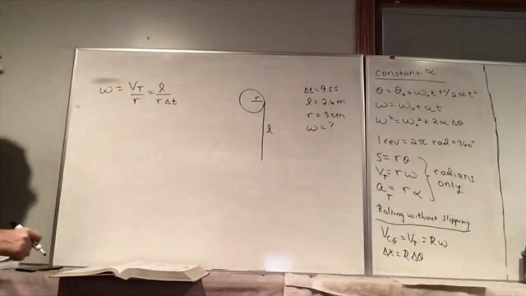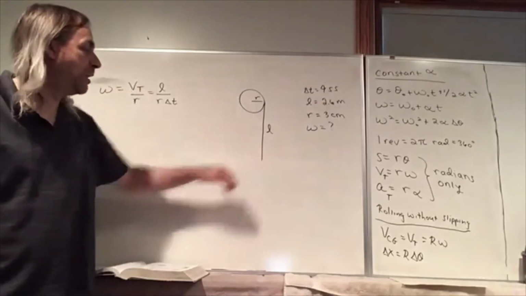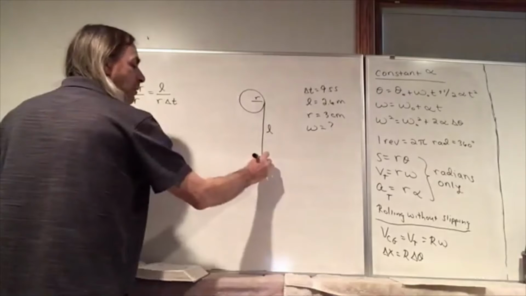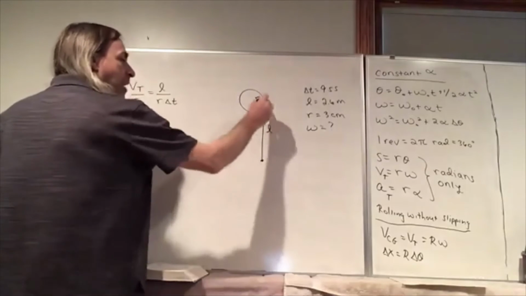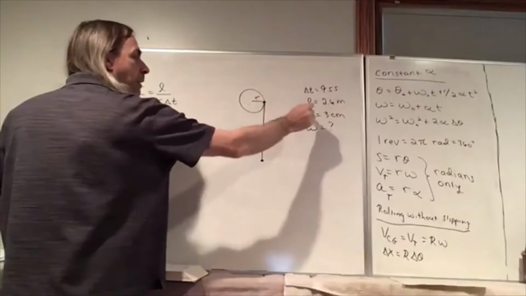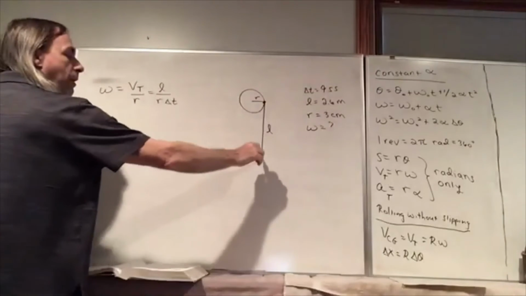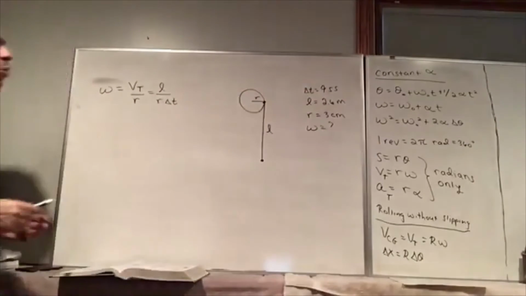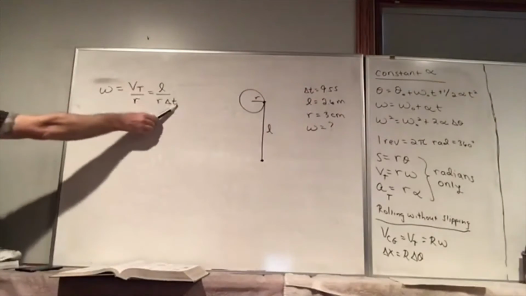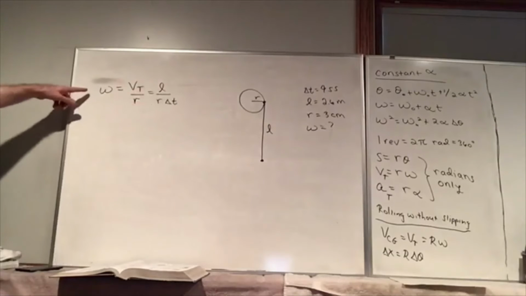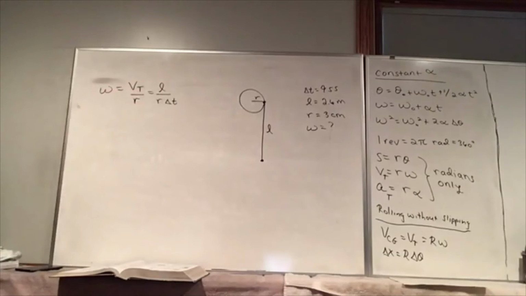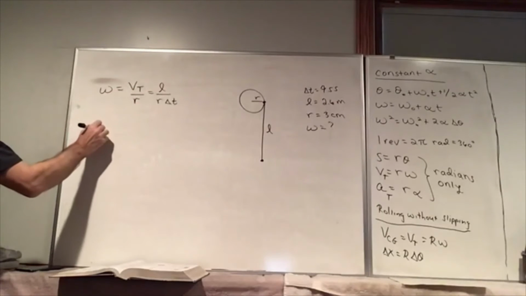So yeah, just the speed, if you look at this point, say at the bottom, it traveled a distance L in the time t. So the velocity of that point is L over delta t, and omega is V over R. So now let's just plug it in.